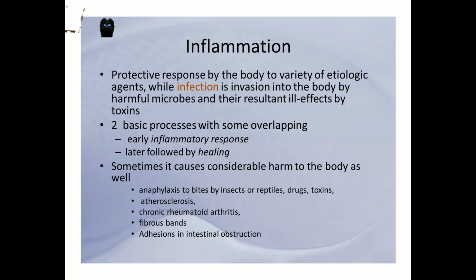If the inflammation process in the body is not well controlled, so that the body goes back to its homeostasis after the inflammation process, then it can result in harmful processes. For example, it can cause anaphylactic shock, for example from bites by insects, reptiles, and drug toxins, and also atherosclerosis, a hardening of the blood vessels secondary to deposits of lipid tissue like atheroma.